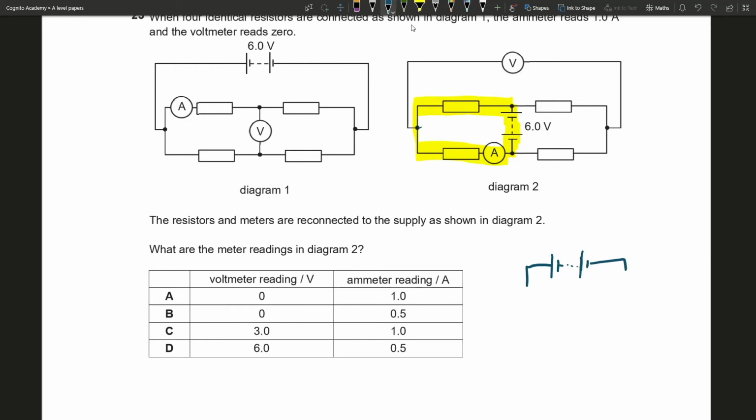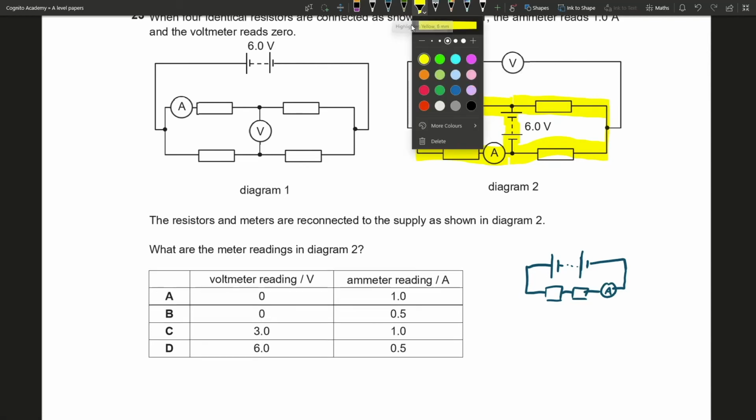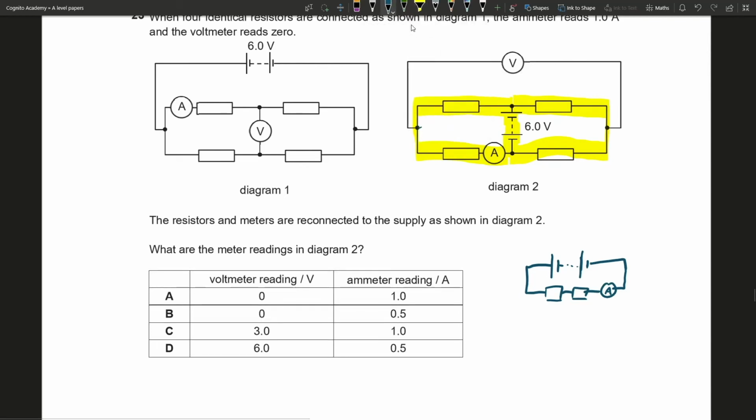So let's draw that out accordingly: it's parallel to an ammeter and two resistors. The part connected to a voltmeter I'll address later. Next, we realize that our battery is also connected in parallel to this branch containing two resistors. So drawing that out as well, our two resistors are connected in parallel with the battery.